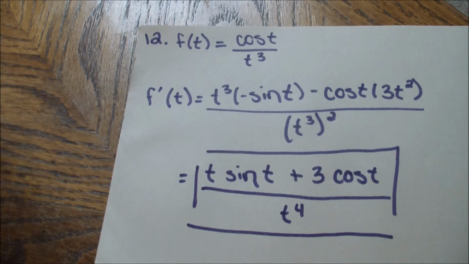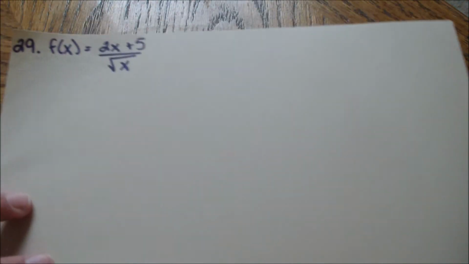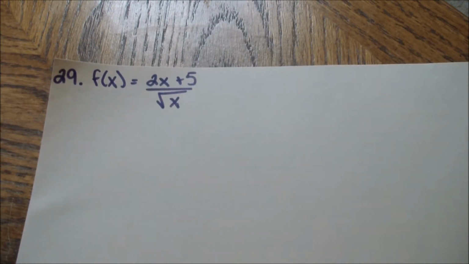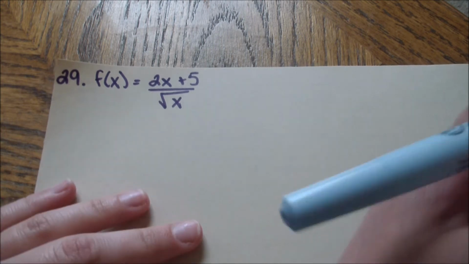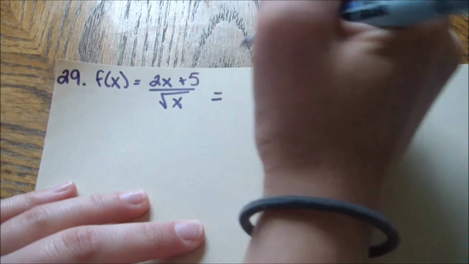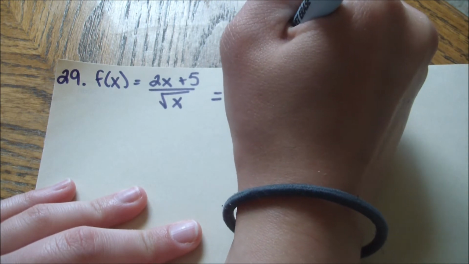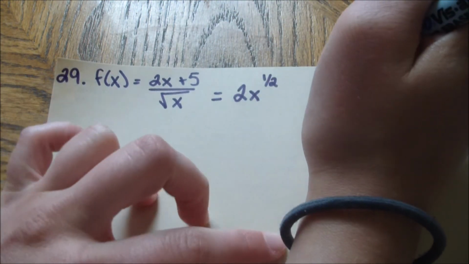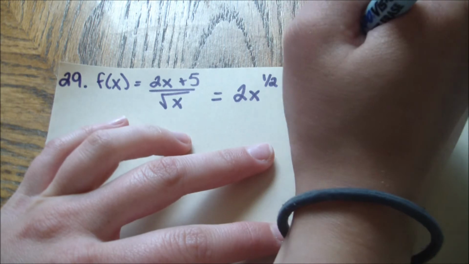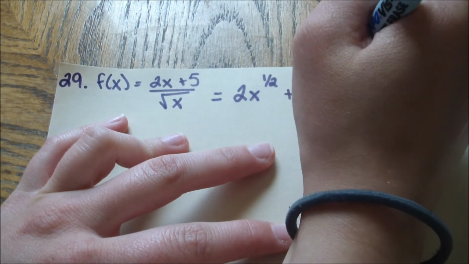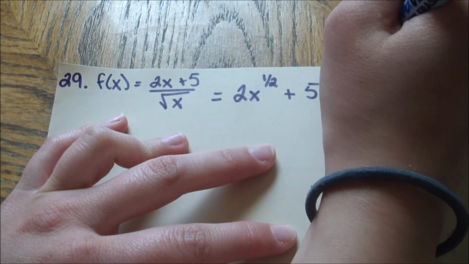And we'll also do 29. So 29 is f of x equals 2x plus 5 over the square root of x. So let's simplify that out a little. That is the same thing as 2x to the 1/2 plus 5x to the negative 1/2.